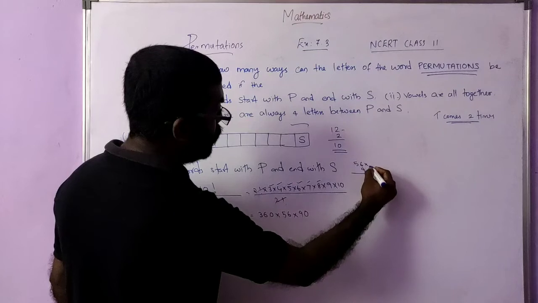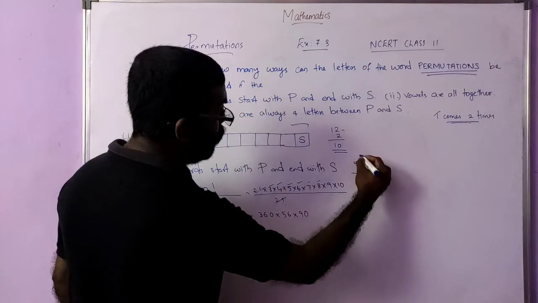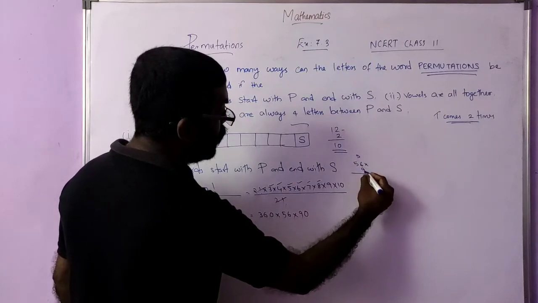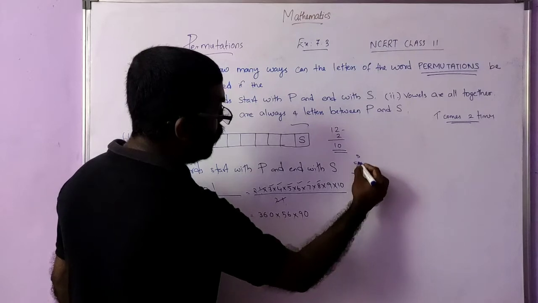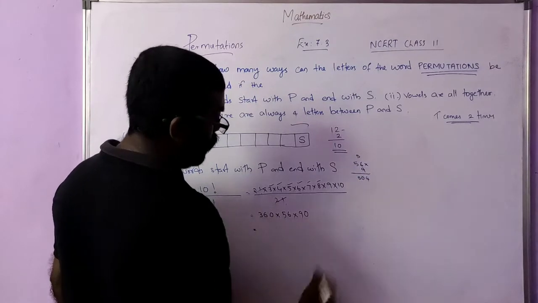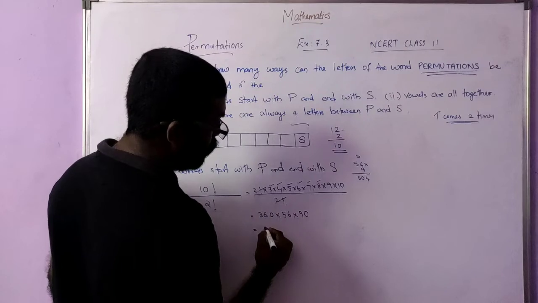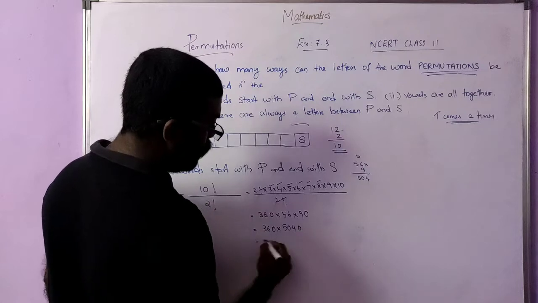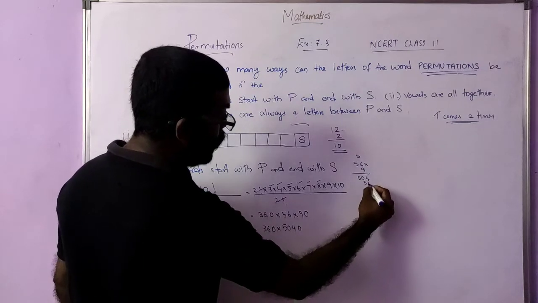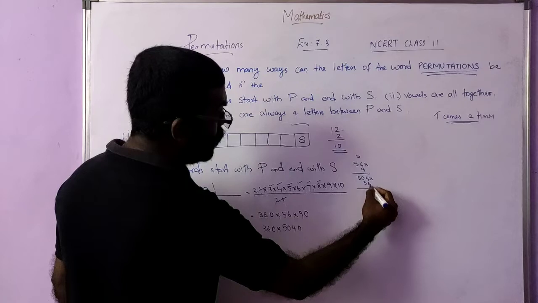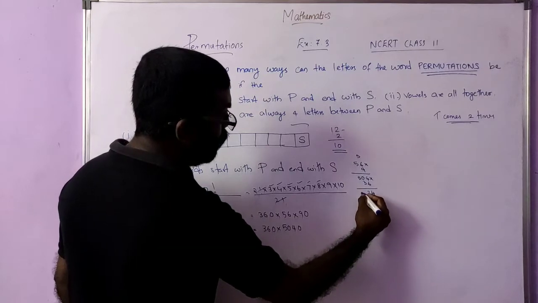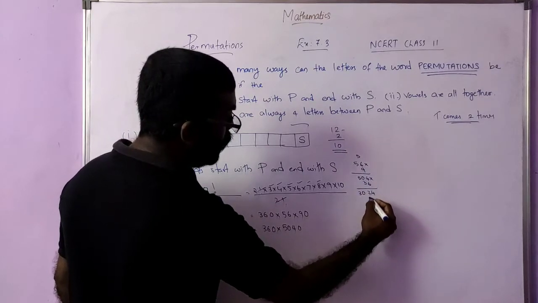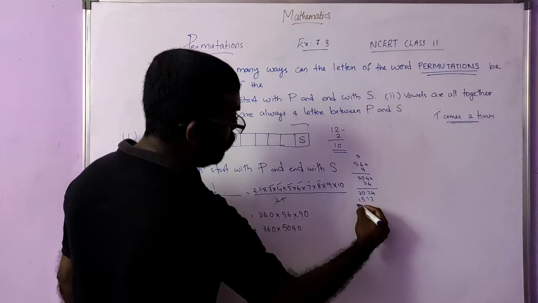First of all 56 into 9, 504. So 360 into 5040, into 36, 4 6s are 24, 5 6s are 30, 4 3s are 12, 5 3s are 15.